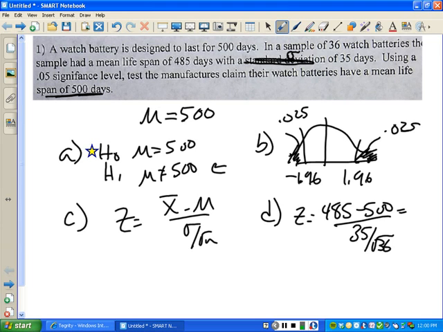Are we straight on that? So 485 minus 500 is negative 15. Negative 15 times 6 is negative 90. Negative 90 divided by 35 is 18 divided by 7. 18 divided by 7 is 2 4/7.